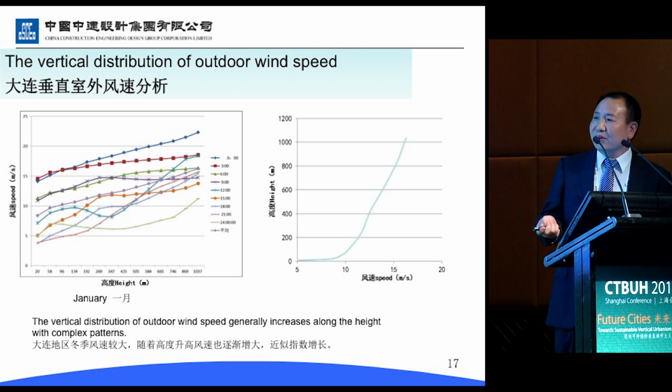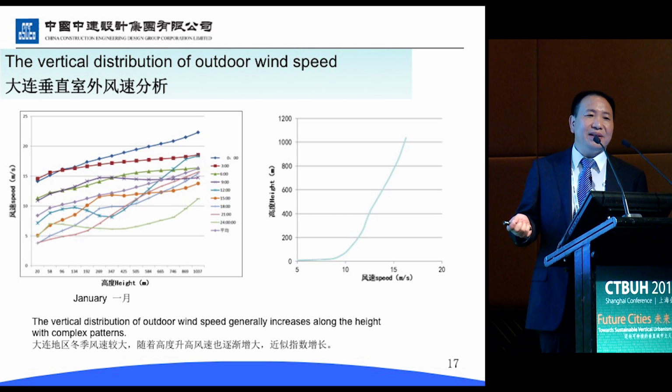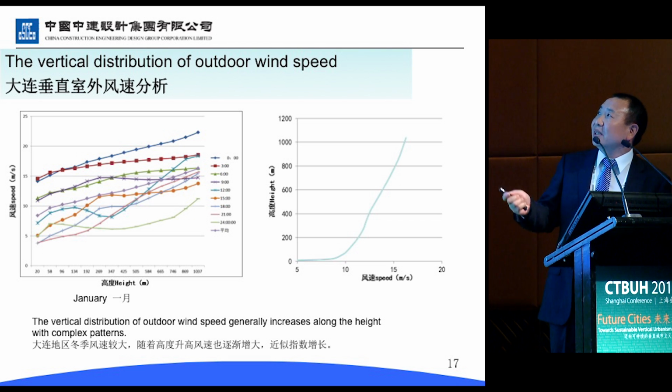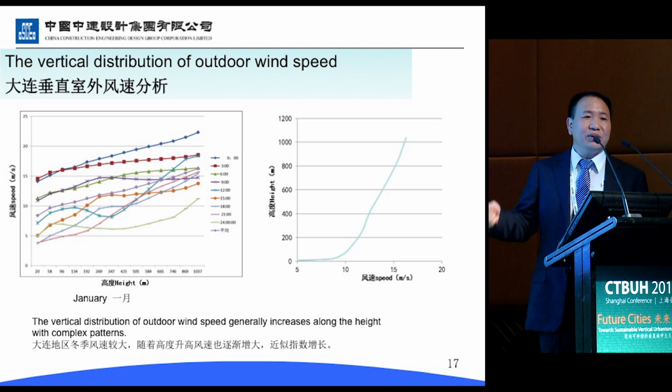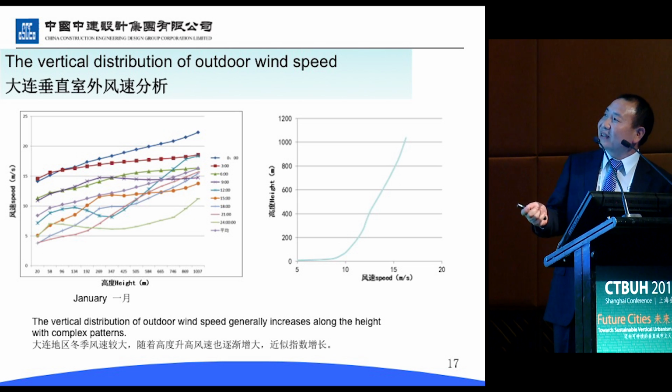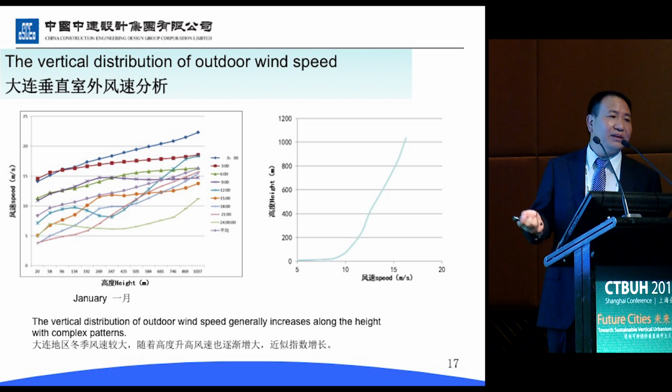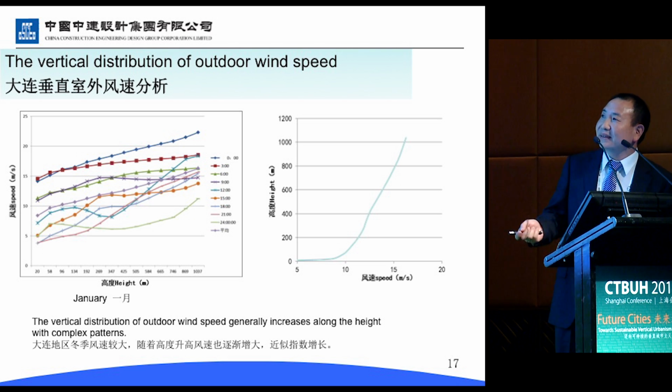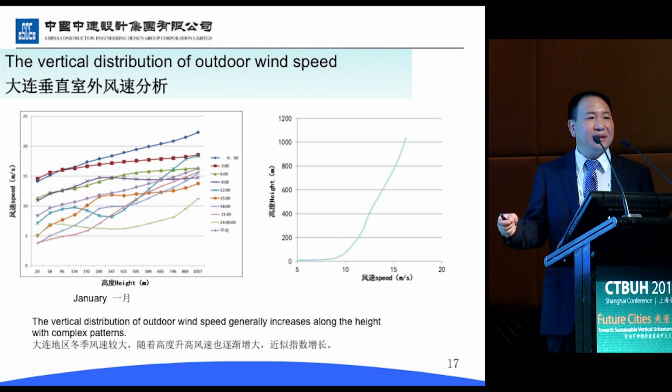Now we also did one for January. This is the vertical distribution of the outdoor wind speed, and this is a little bit different from the summertime. In January, Dalian is located in the northeast part of China, so wind speed is much higher. And the wind speed goes up as we go from ground level to 800 or 1,000 meters high.